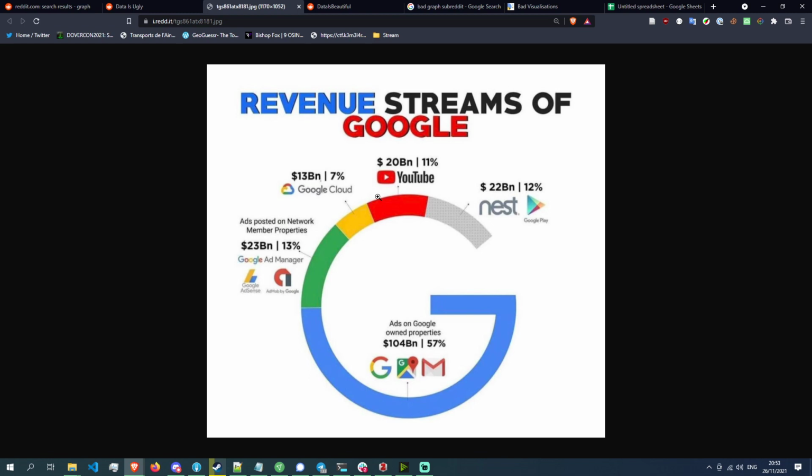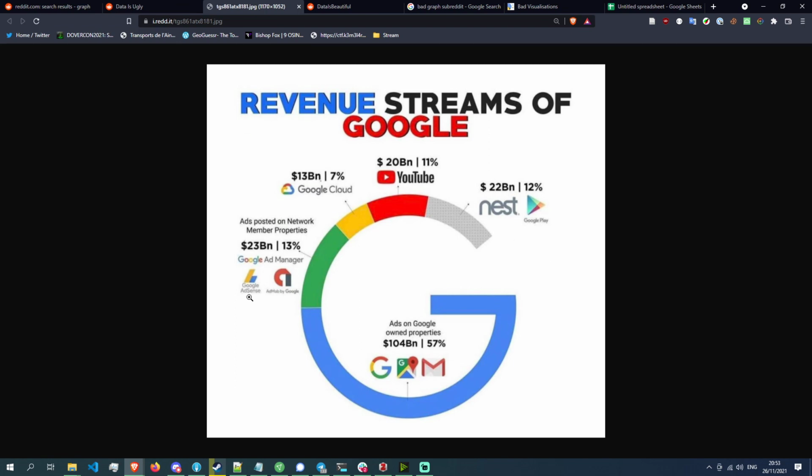I'm pretty certain that if you were to trace the amounts, it would correspond to 57% or something. So far so good. It's a fill. But for example, here they're mixing Nest and Google Play. Nest being their smart home services, and Google Play, which is their application platform, sales platform.